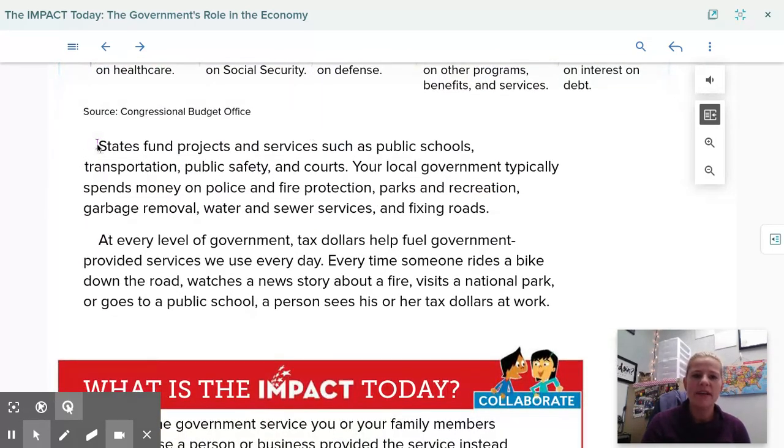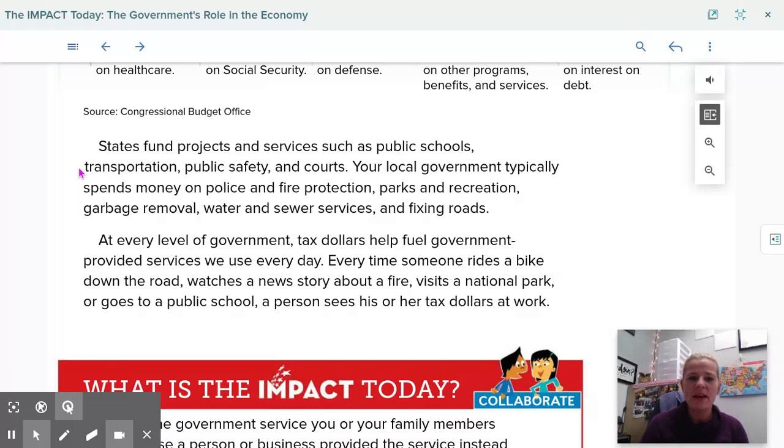All right. So state governments fund projects and services such as public schools, transportation, public safety, and courts. Your local government typically spends money on police and fire protection, parks and recreation, garbage removal, water and sewer services, and fixing roads.